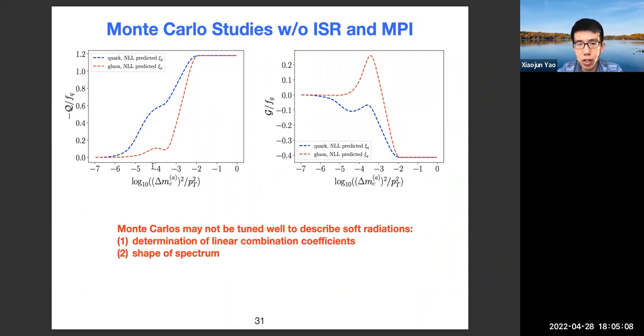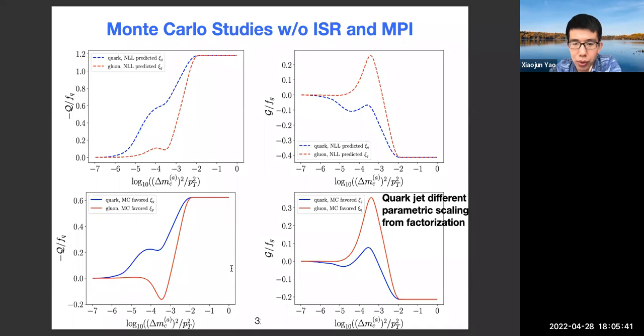The linear combination coefficients used in this plot are calculated using perturbative formulas, and PYTHIA may favor different linear combination coefficients because it is not very well tuned to describe soft radiation. And also this kind of failure in PYTHIA may change the shape of the distributions. To solve the first issue, we try to change the linear combination coefficients to make the curve vanish. Let us see how well we can do that.